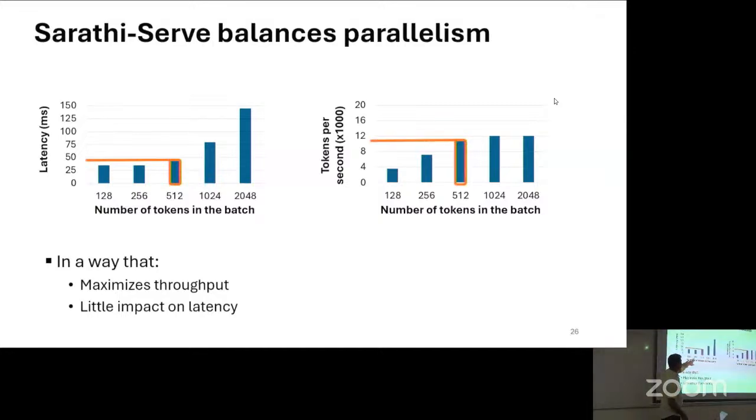In this particular example, if you are processing 512 tokens, your latency is only slightly higher than processing a smaller set of tokens, but your throughput is very, very close to the peak throughput. So what we do in Sarathi-Serve is that every time we schedule a maximum of 512 tokens, and it allows you to operate near lowest latency and highest throughput. You can do them at the same time.